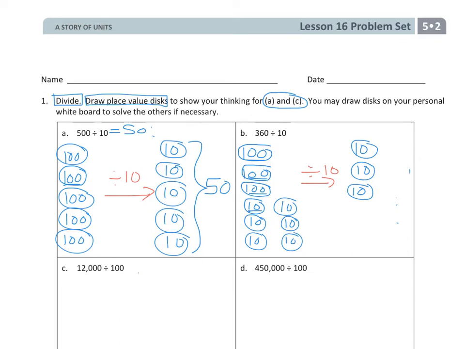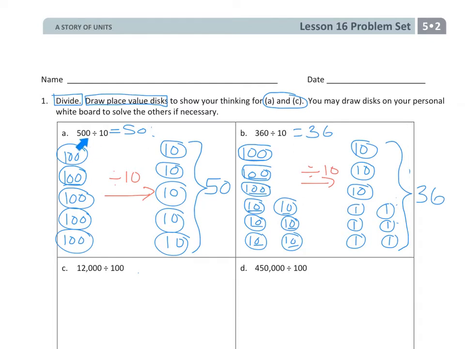Hopefully you know that 10 divided by 10 is 1. So that means all the other 5 ten place value discs, when you divide them by 10, will give you 1. All right, so now that we divided, what is the value of our new place value discs? Well, we have 3 tens, that's 30, and then we have 6 ones, so that's 36. So the value is 36.